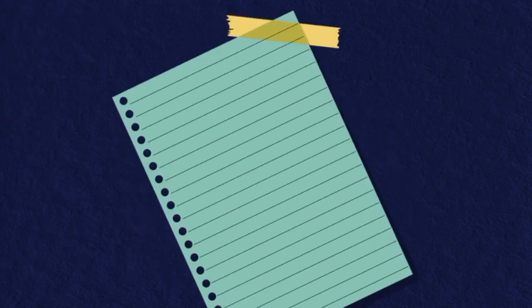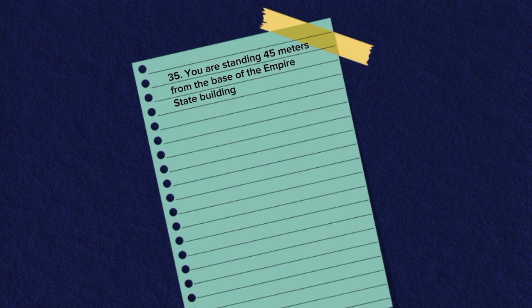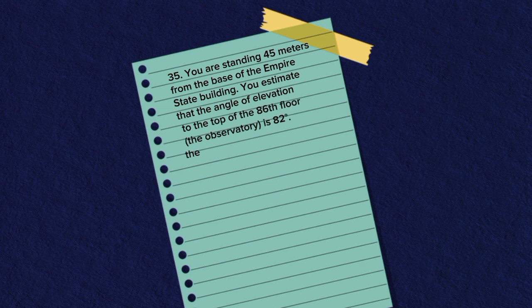440 seconds. Number 35. You are standing 45 meters from the base of the Empire State Building. You estimate that the angle of elevation to the top of the 86th floor, the observatory, is 82 degrees. The total height of the building is another 123 meters above the 86th floor.